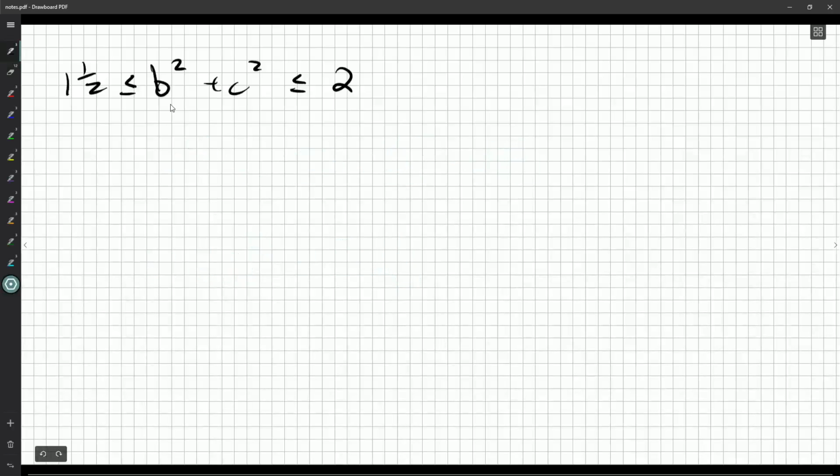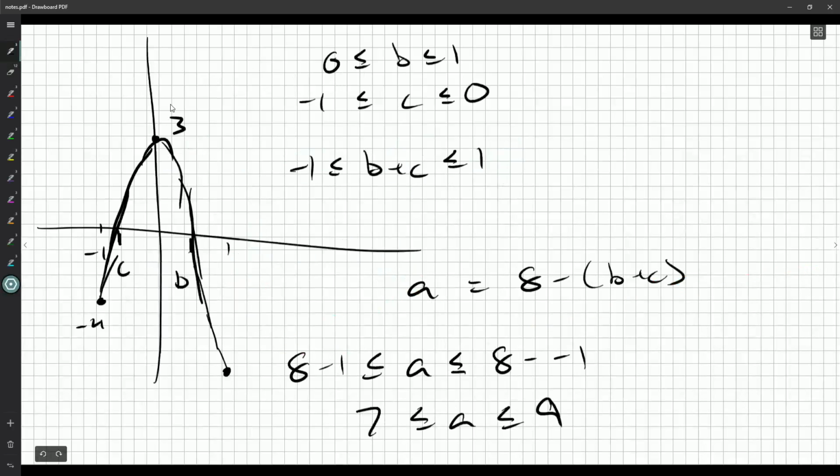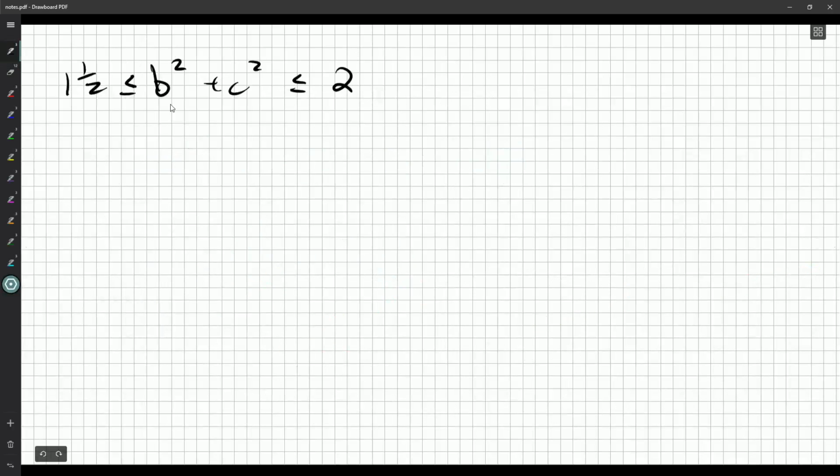Can we refine what B and C are? Can we get closer? Well, not with integers, but I think we could probably use halves. So we could say, all right, now I know B is between 0 and 1, but on what side of a half is it?